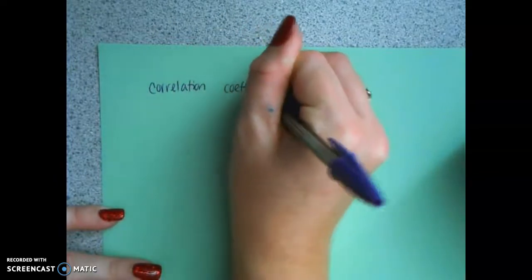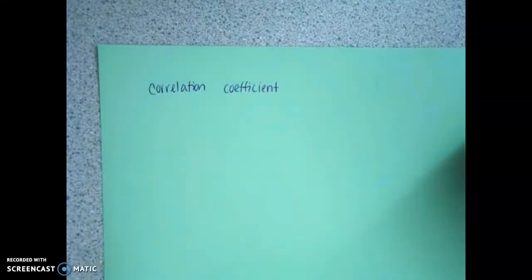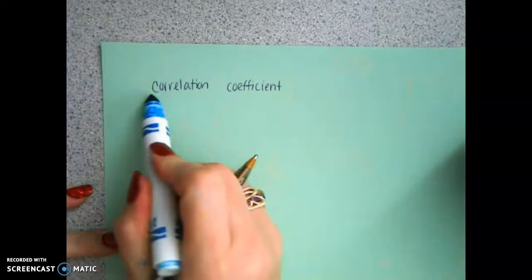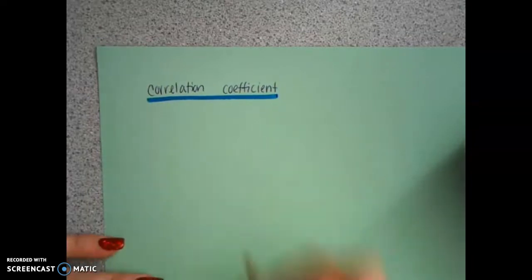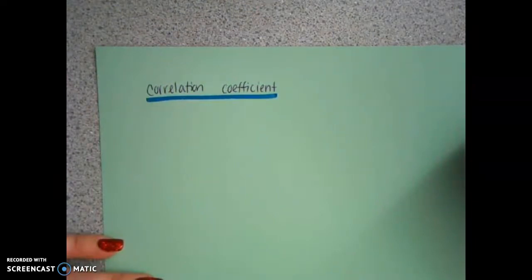Now, most of you, when you hear the word coefficient, you should think back to math class. The coefficient's like the number before the variable. So like 3x, the coefficient is 3. So when we talk about correlation coefficient, it's a statistical measure showing you the relationship between two variables. I will never ask you to actually calculate the correlation coefficient. That is beyond us.